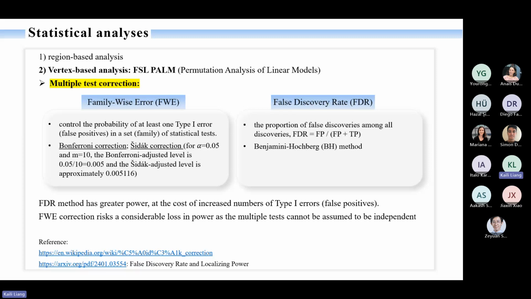Maybe we just need to go back and read it. How do you define the number of tests? Is that related to the cluster-based threshold, or are you always assuming every vertex, every contrast? That's really, really strict, right?